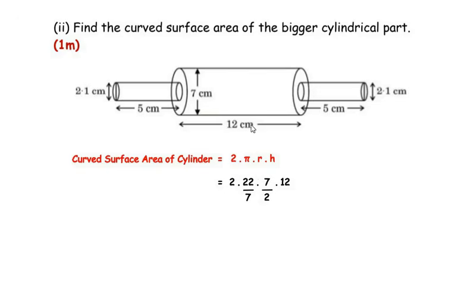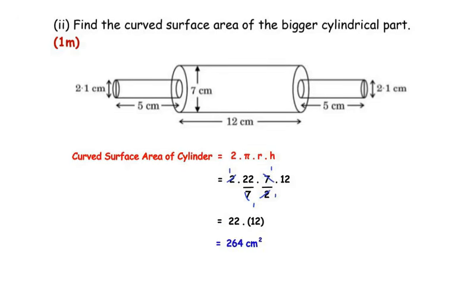Times the height or the length of the larger cylinder is 12. Now let us simplify this. The 2 in the denominator divides 2 in the numerator. Now 7 in the denominator divides 7 in the numerator, giving us 22 times 12. And multiplying these two gives us the curved surface area of the larger cylinder as 264 square centimeters. So this is our answer.